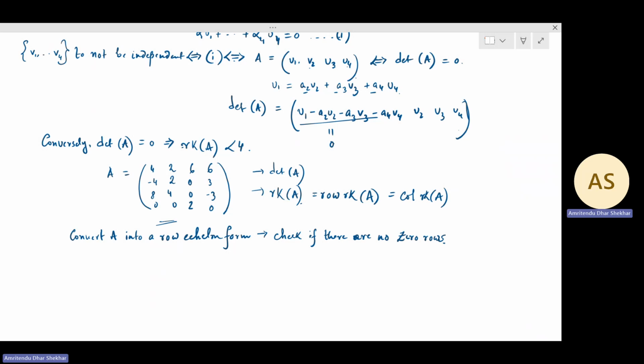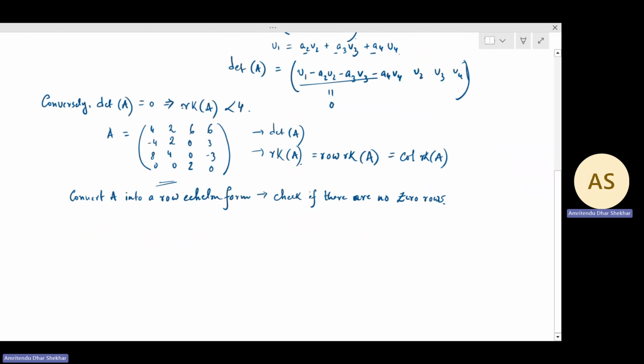So we say that a particular matrix is in the row echelon form if, like, if you look at the rows of that particular matrix, then, okay, let us just write it down. So we say that A is in row echelon form if the following conditions are satisfied.